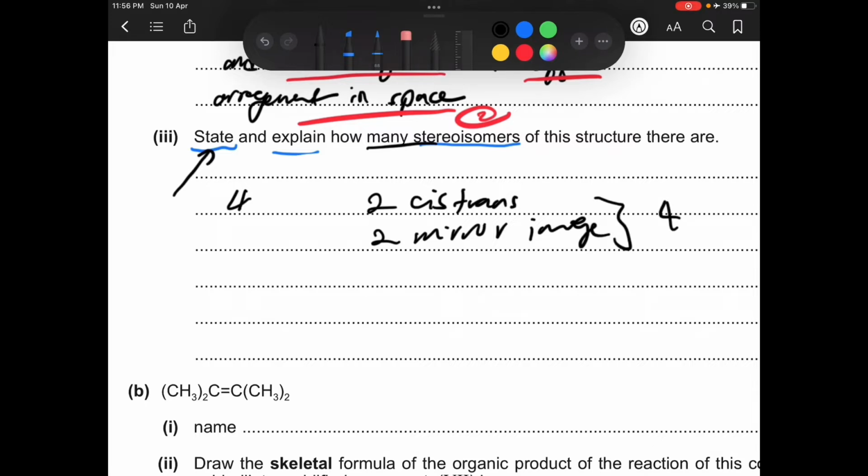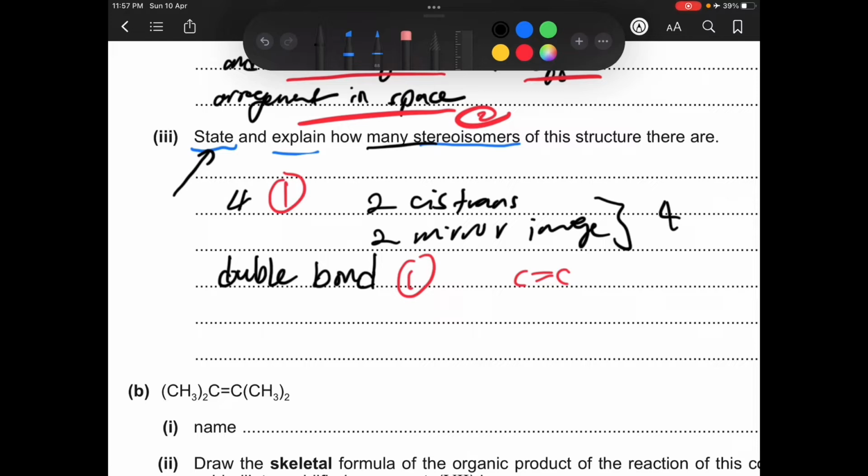And then you have to tell me the second mark. This is the first mark. For the second mark, you have to say you have a double bond, and you're talking about forbidden rotation around the CC double bond in this case, and that's why you have geometrical isomers.